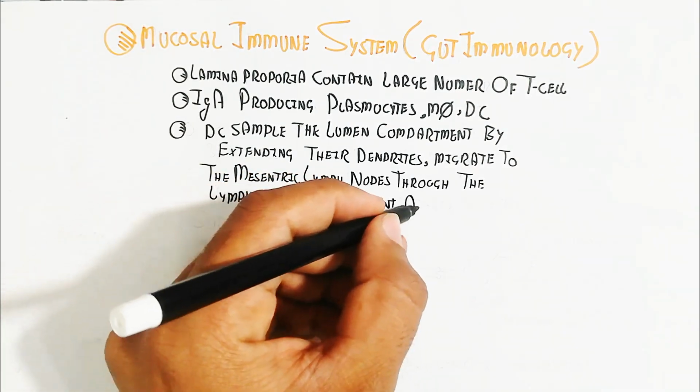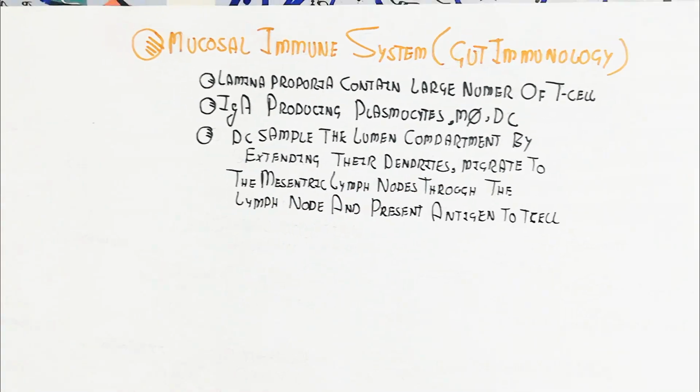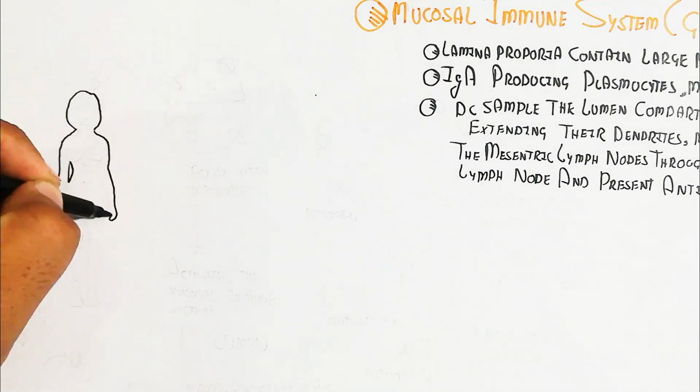Plasmocyte is also known as the plasma cell. Plasma cells produce a lot of antibodies against the pathogen.